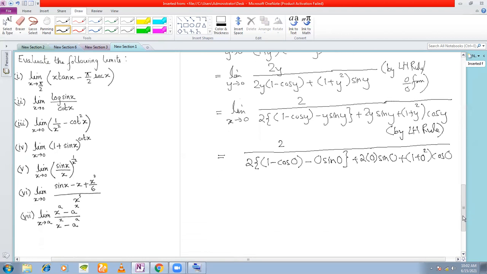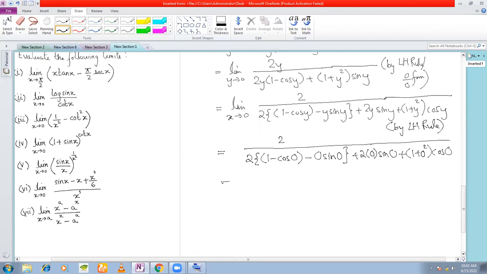So this you're getting denominator, you'll get 1. So the value of this limit is 2.